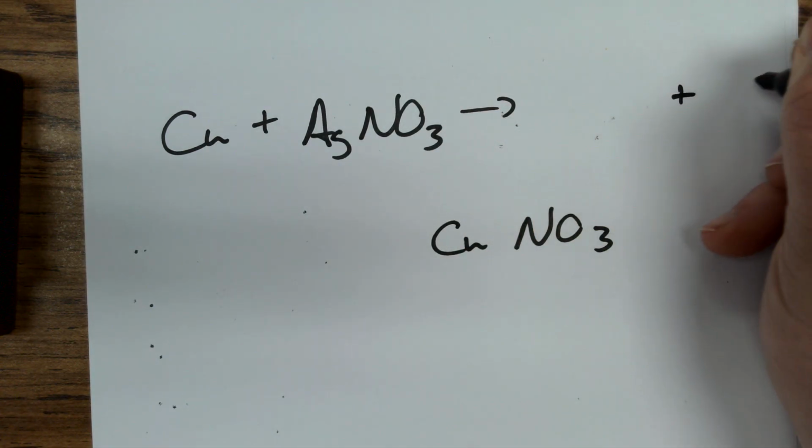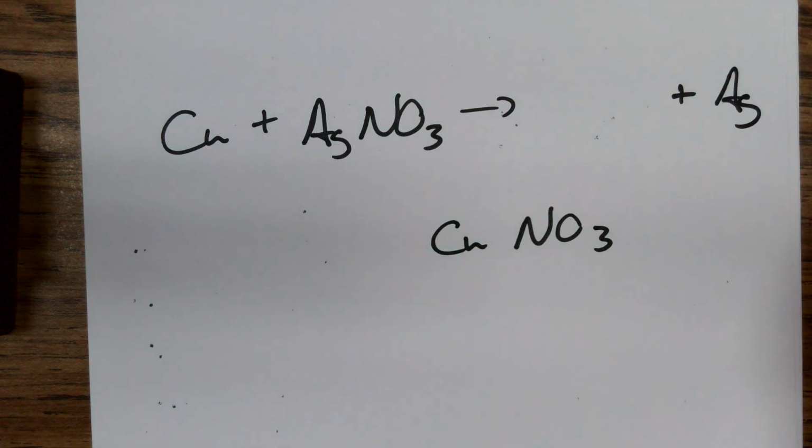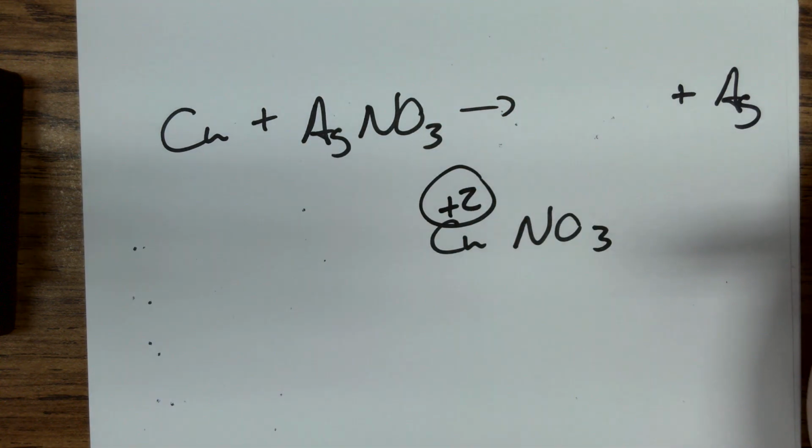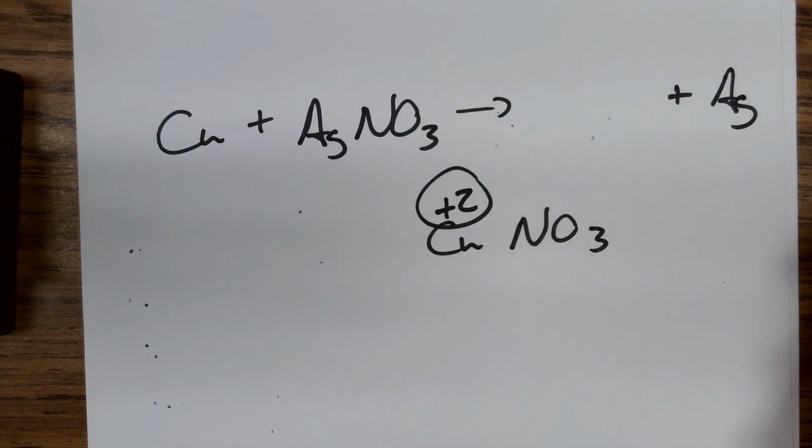Cu(NO3) plus Ag. Now, I have to worry about my balancing. To give you a hand, copper is going to be in +2 form here. What is the charge on my nitrate?